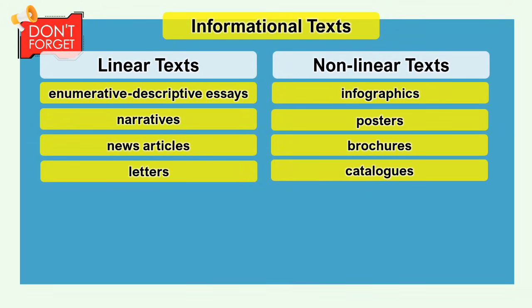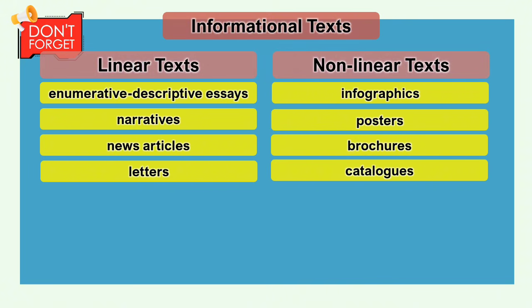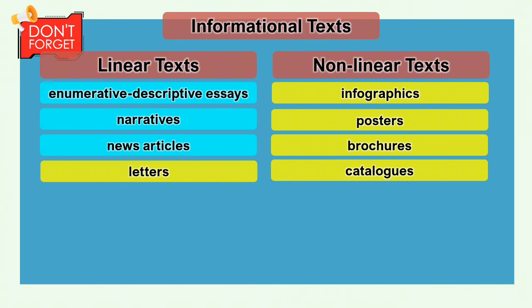For this week, I hope you were able to get the important points of our lesson. To sum it up, there are 2 kinds and various purposes of informational texts. We have the linear texts and the non-linear texts. For the linear texts, we have as examples enumerative-descriptive essays, narratives, news articles, letters.